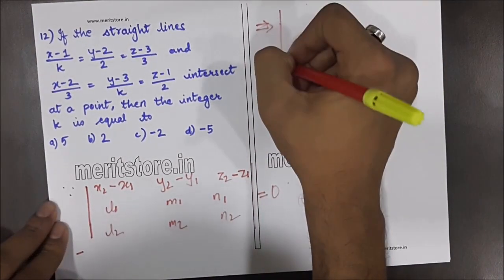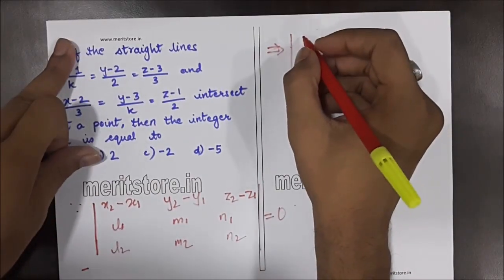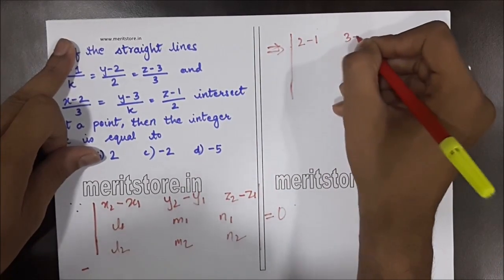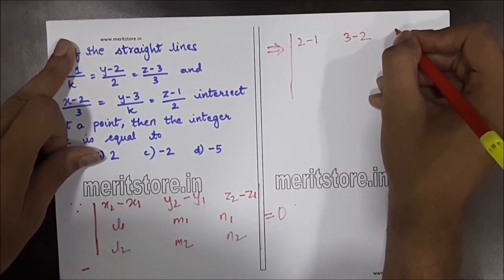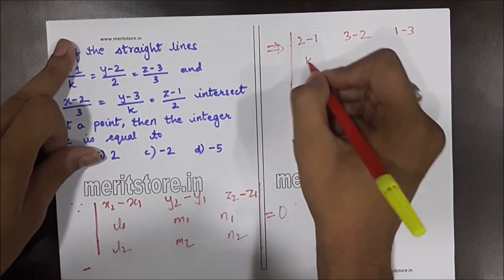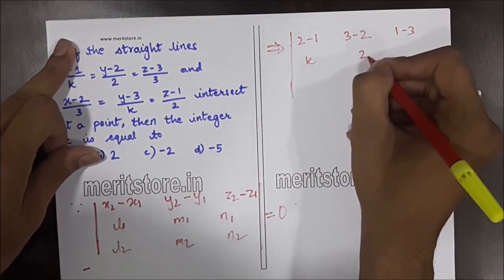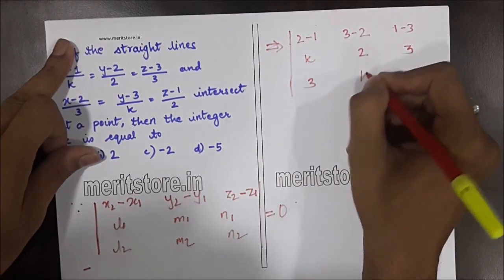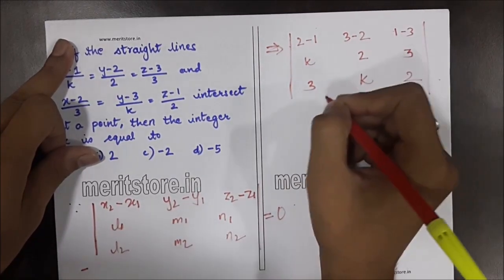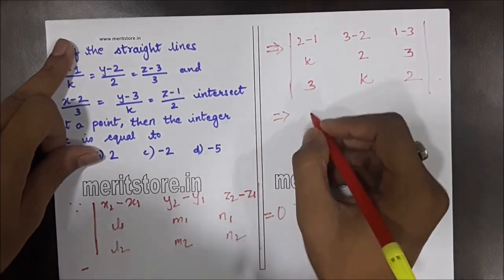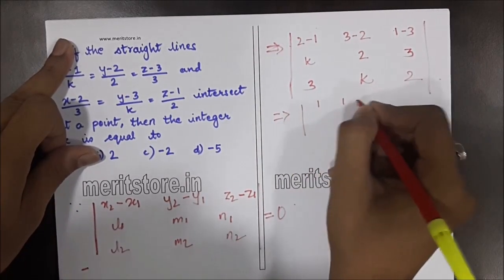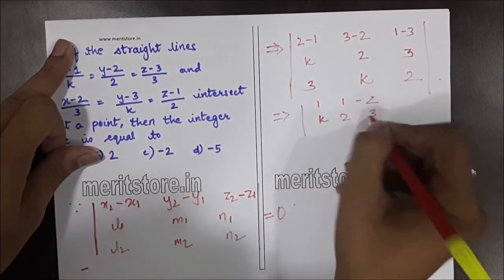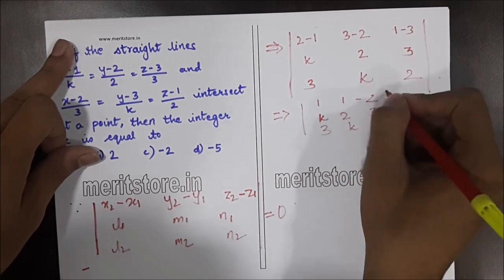Substituting these values, we get rows 2 minus 1, 3 minus 2, 1 minus 3; k, 2, 3; 3, k, 2. Simplifying this, we get rows 1, 1, minus 2; k, 2, 3; 3, k, 2.